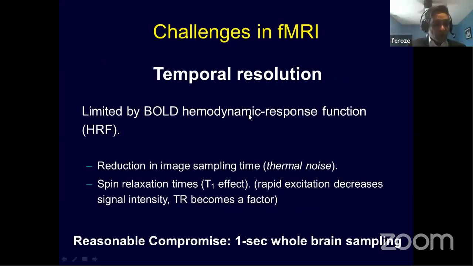So BOLD is limited by temporal resolution. However, you have limitations as well in terms of how fast you can scan. Going really fast introduces thermal noise, which introduces noise in the image. Of course, there is also this T1 effect, which also causes spin relaxation issues.